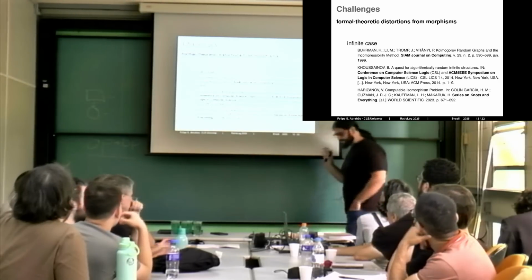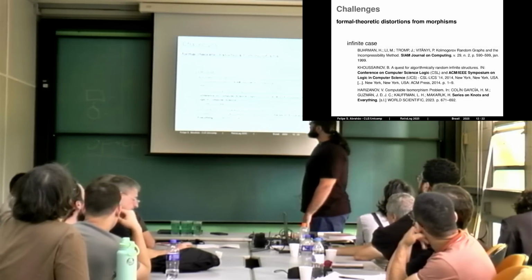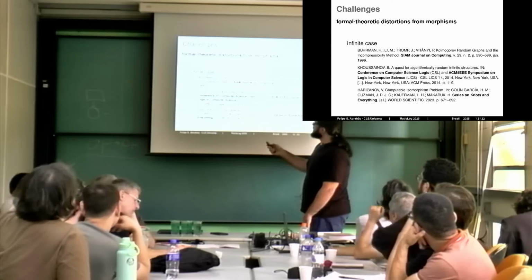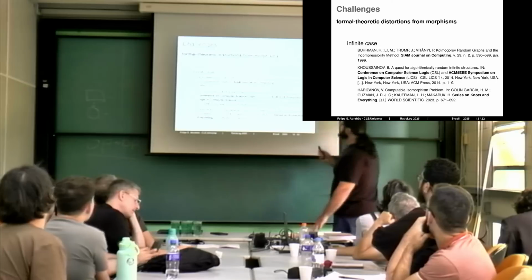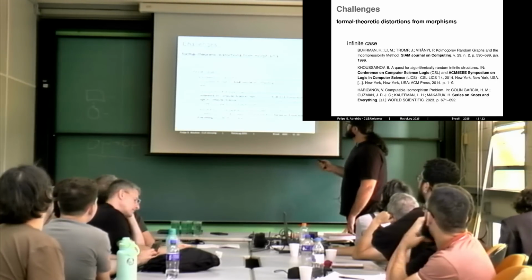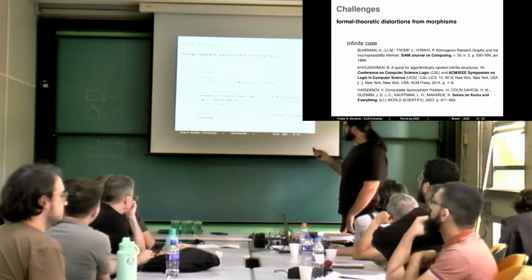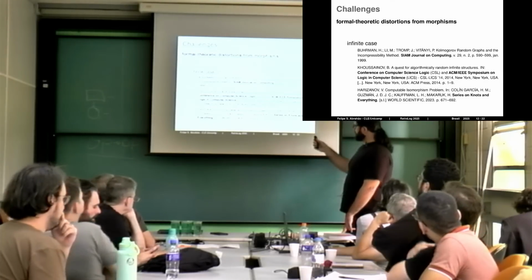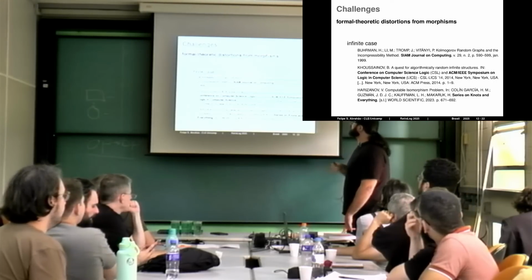We're going to discuss the problem of information content in structures. So the infinite case, I said I'm not going to talk about it, but these people work on infinite structures. Here are graphs, here are structures in general, where morphisms do not preserve the root information, or do not preserve your formal theory. Your formal theory is never enough.